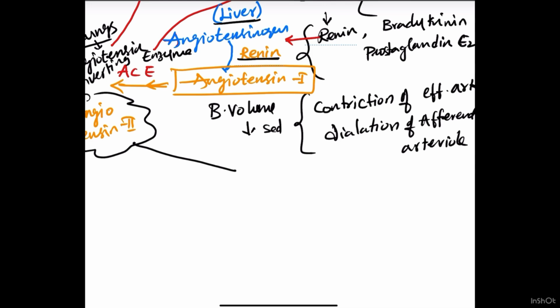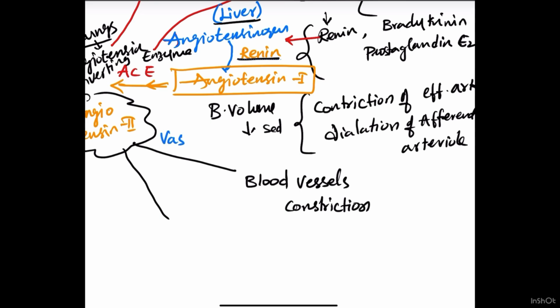Once angiotensin 2 is formed, it will do two functions. One is blood vessel constriction, because angiotensin 2 is a vasoconstrictor. The next function is that it acts on the adrenal cortex.